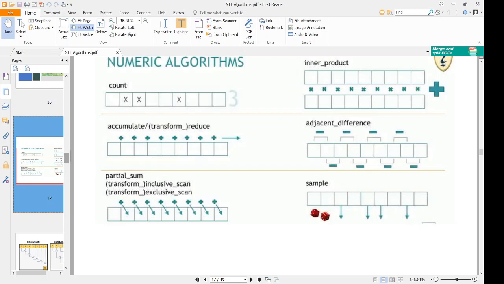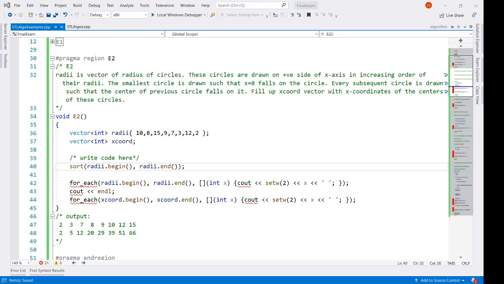So coming to the code, we want to fill up the x coordinate vector with x coordinates of the centers of these circles. So we want to find out where the centers of the circles will lie and fill the x coordinate vector with those values, right?